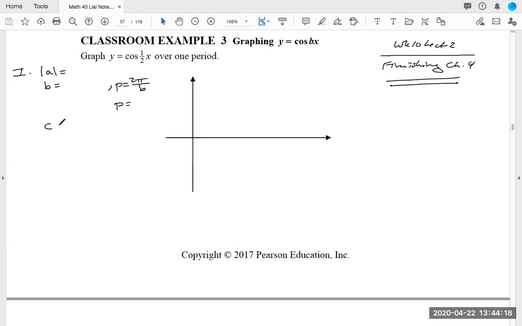We're also going to find our c value, which is vertical shift, our a value, which is vertical stretch or shrink, and our d value, which is horizontal shift. So let me write these out real quick, just in case you weren't here last time.